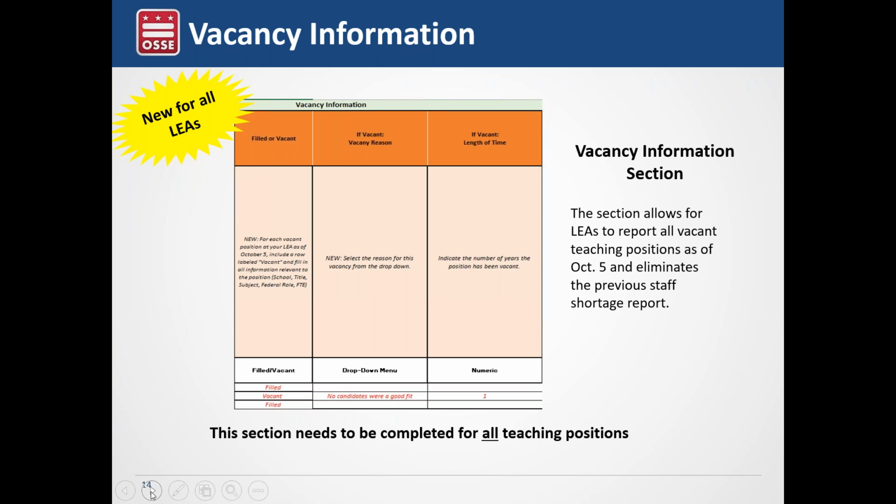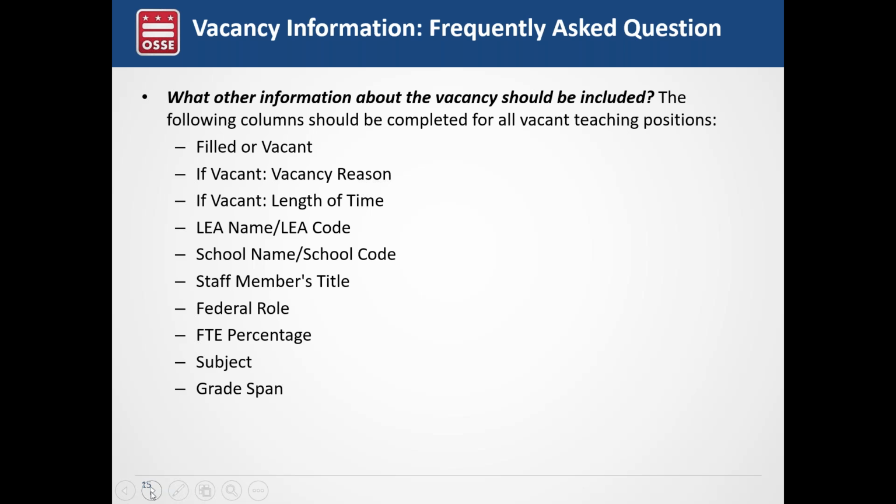We also need more information about that teaching position, and that comes later across the columns. So if you are submitting information that says you have a vacant teacher position, this only has to be filled out for teaching positions. If you have a vacant cafeteria worker position, we don't need to know about that. It's just for teachers.